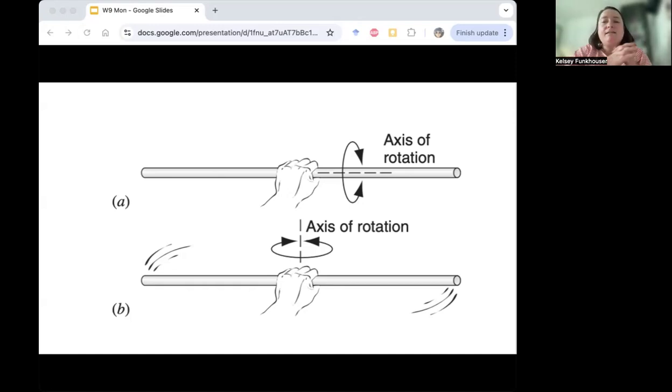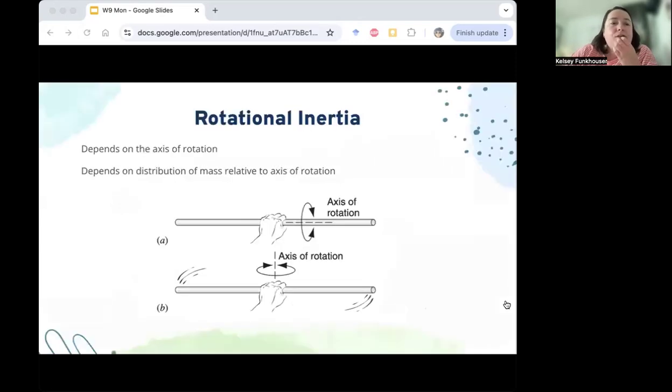And this is because something that we refer to as the rotational inertia is different between the two cases. So the rotational inertia depends on the axis of rotation itself, which makes sense. We changed the axis of rotation, that changed the situation, and it depends on the distribution of mass relative to the axis of rotation.